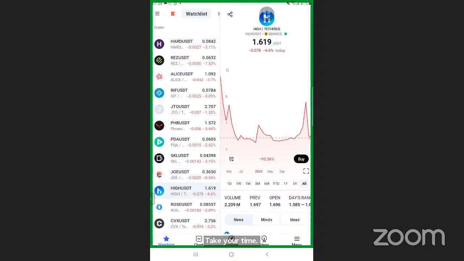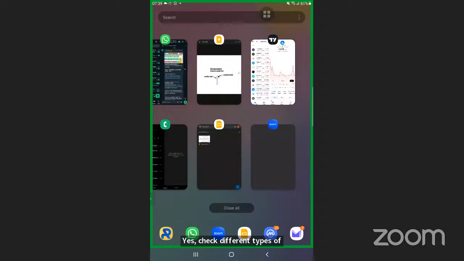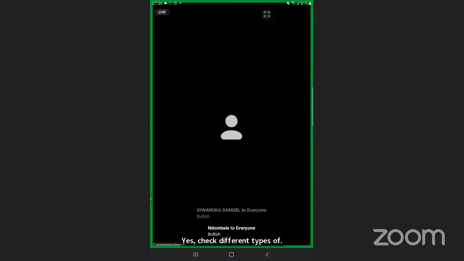Take your time, come to your TradingView. Check different types of coins. See what type of candles are forming. If you have reached a point where you can draw support and resistance, do some drawings there, leave it, and see after 4 hours what is going to happen. Is the market going to respect your drawing or not?